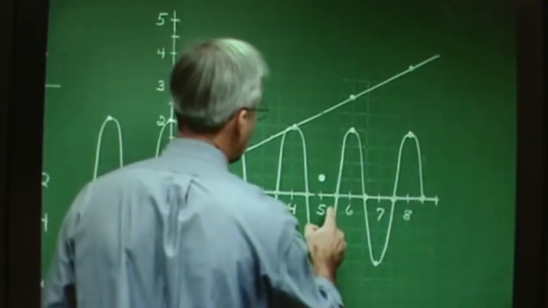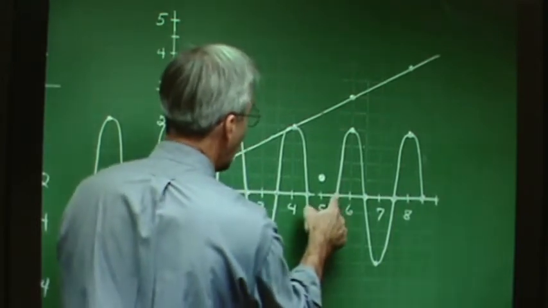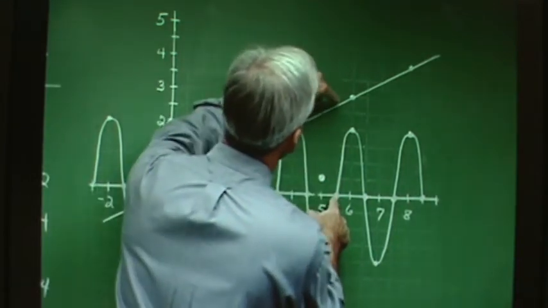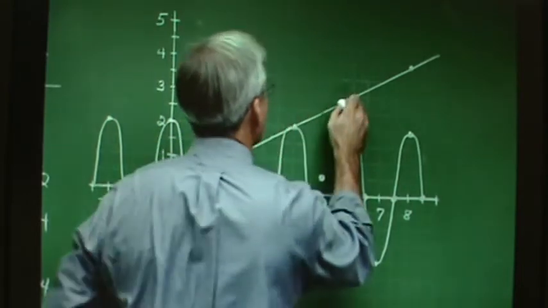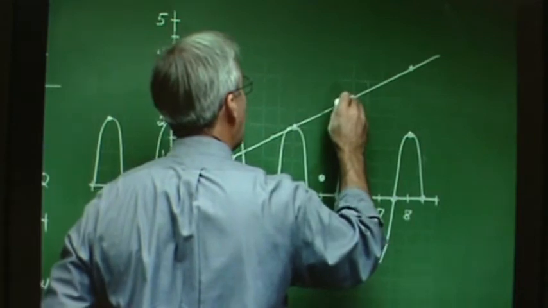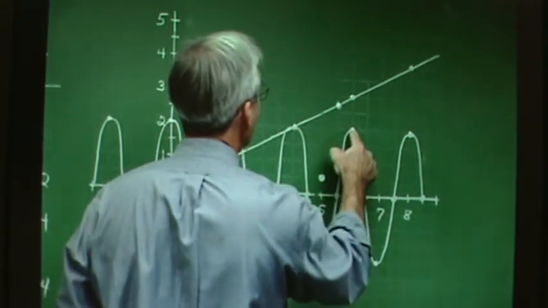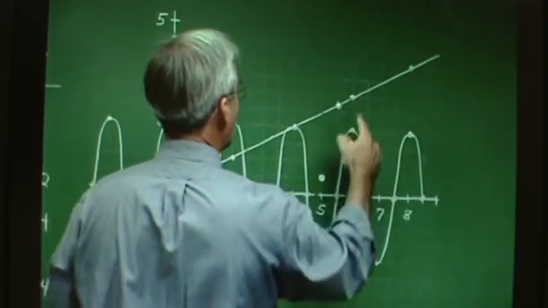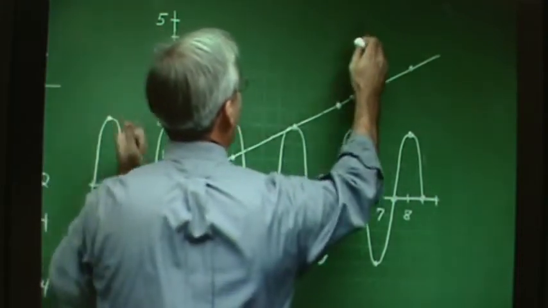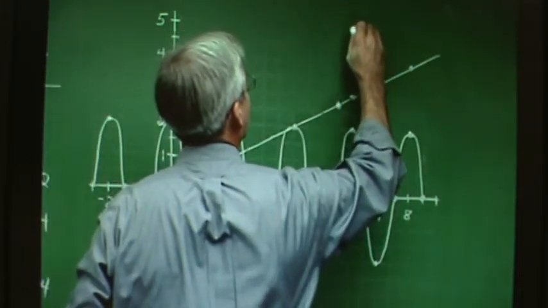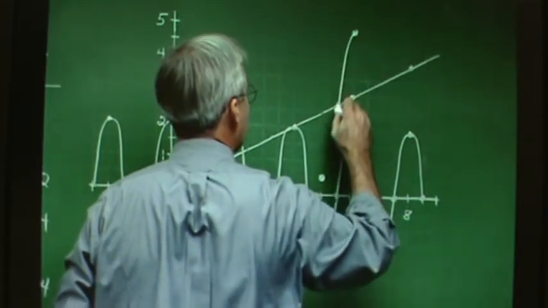The intercepts are really easy here because we have 0 on this graph, and then we're adding that amount, this vertical distance, for this other graph, and so the point will be right on that graph. And then at 6, we have 2 and also 3. So 2 plus 3 is 5, and so I come up here at 5, and this point is on the graph. And now we have the kind of thing where we've got this going on.